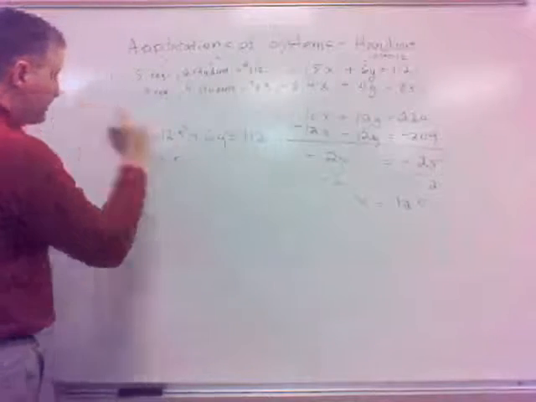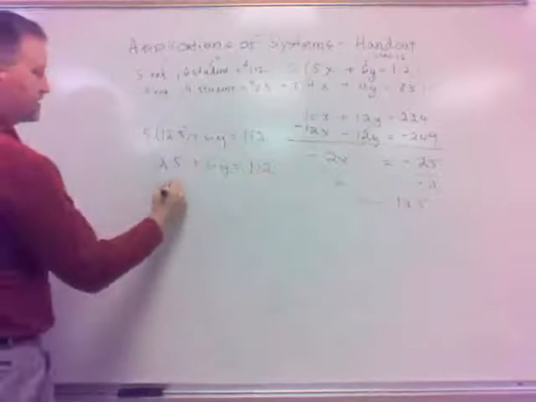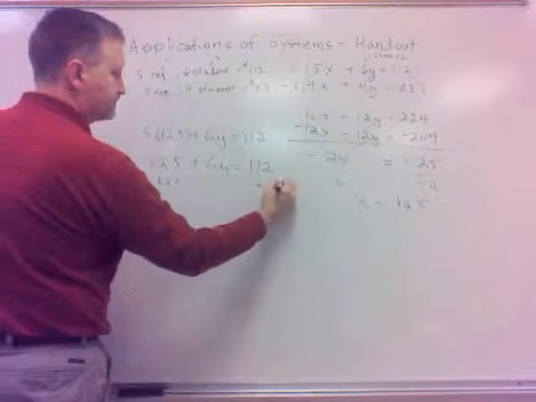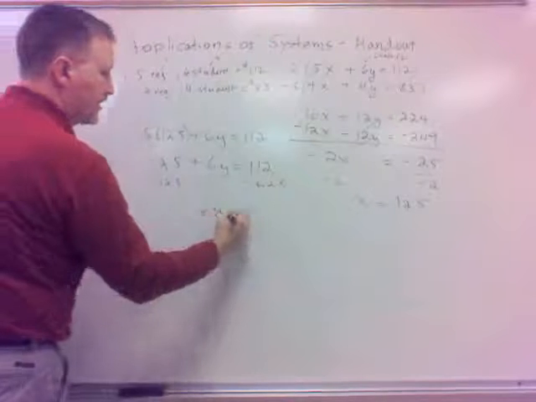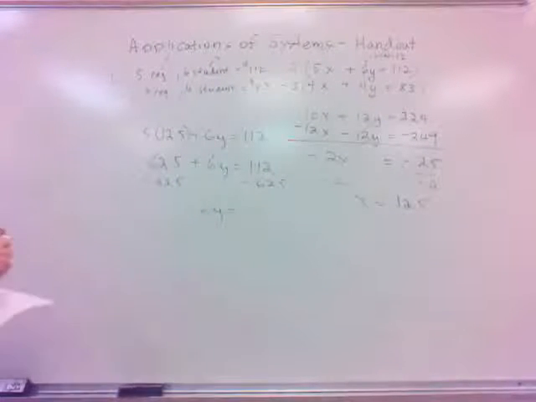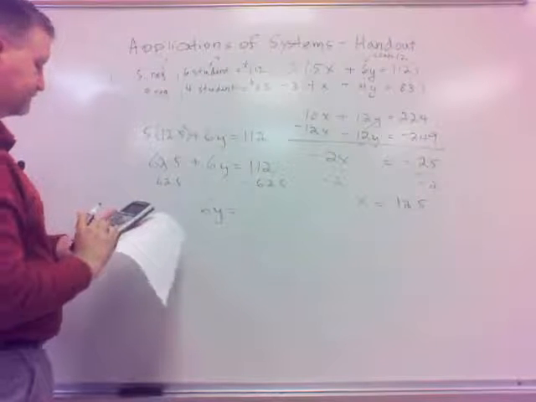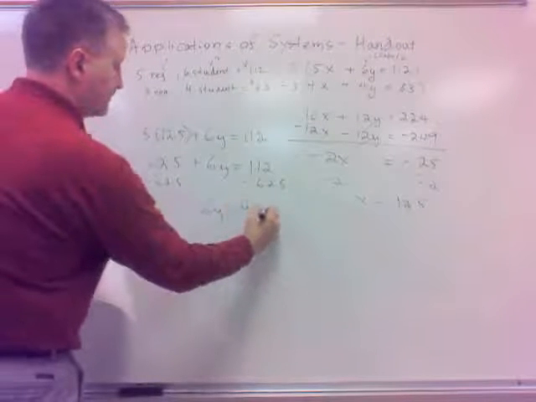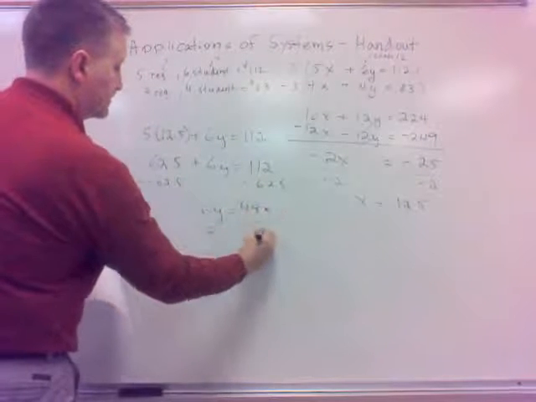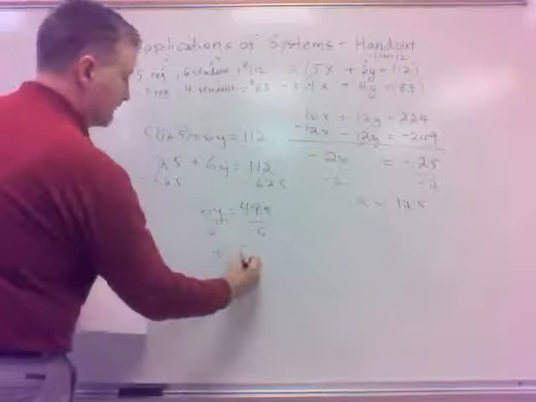All right, and then plus 6y equals 112. Subtract off our 62.5. And I'm seeing 6y equals 112 minus 62.5, 49.5. Divide by 6. And we've got y equals 8.25.